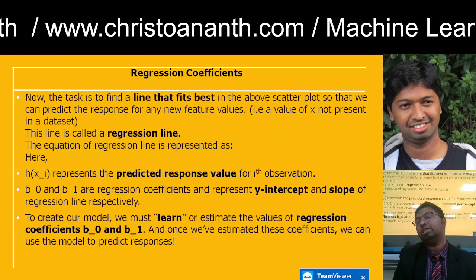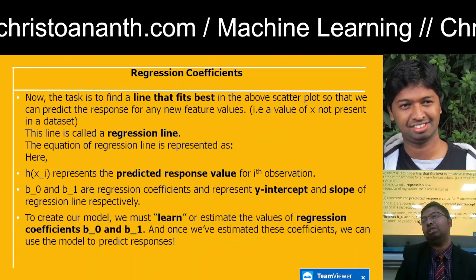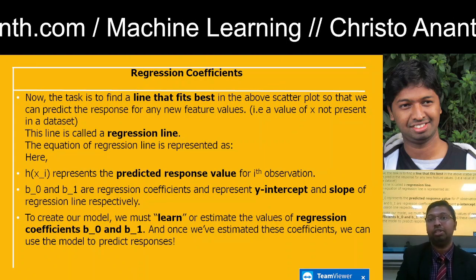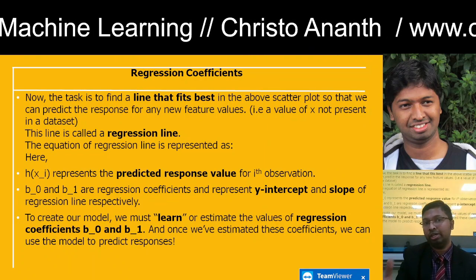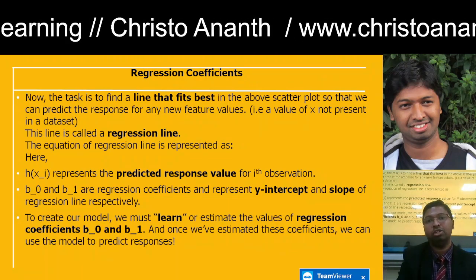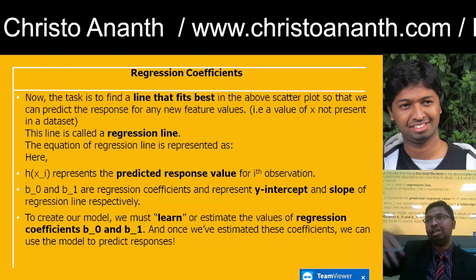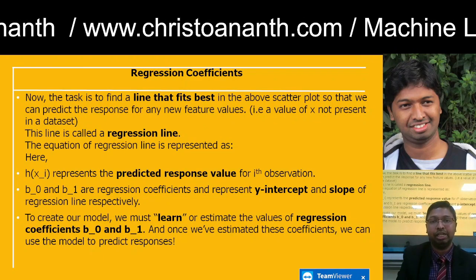Now what you have to do is find the best fit line for the above scatter plot, so that we can predict the response for new feature values. The line you are drawing will be the regression line.